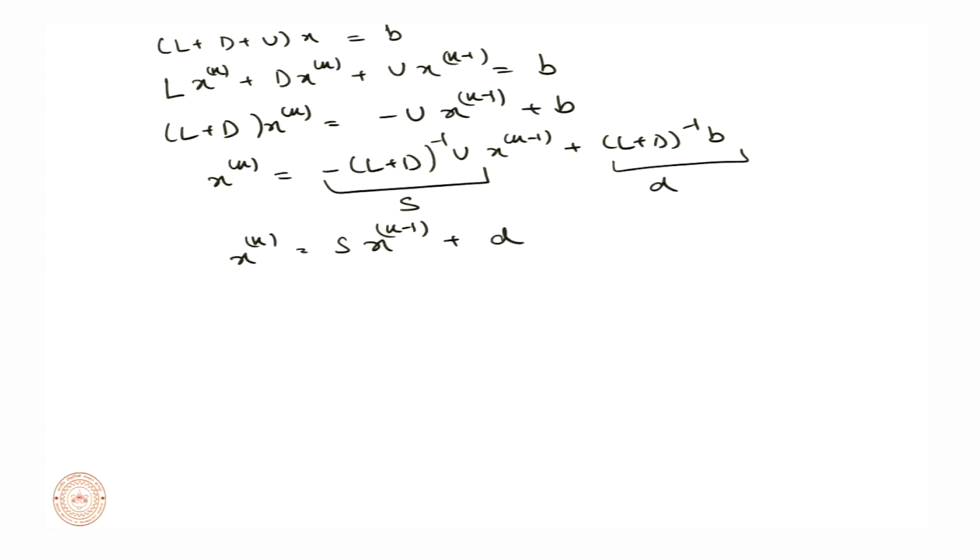Gauss-Seidel is slightly more accurate, or can reach convergence faster, compared to Jacobi.